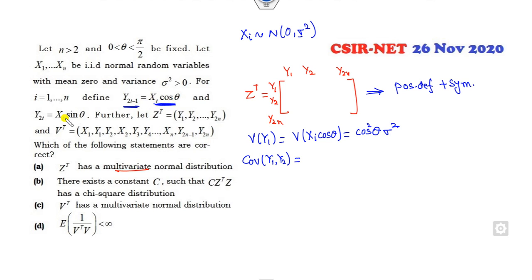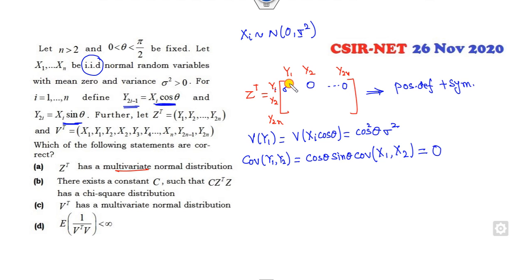Y1 is this, y2 is the even-numbered term, written like this. If I substitute, cos and sine are outside, and the rest is covariance of x1, x2, and they are independent, so this value is 0. So y1, y2 is 0. Similarly, y2, y3 is 0, and the last value is also 0.